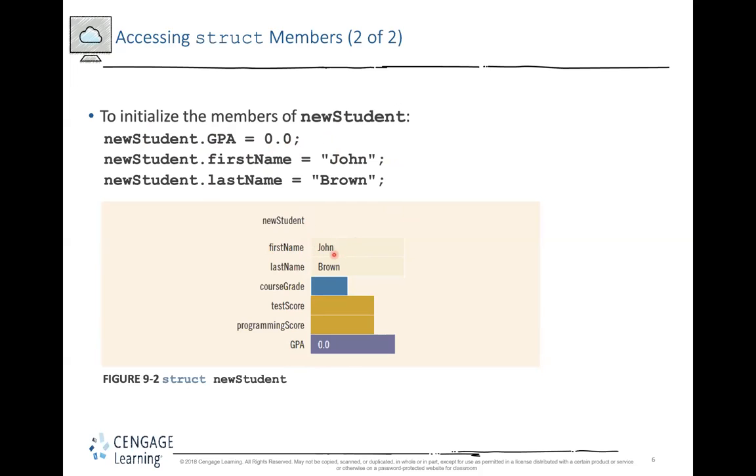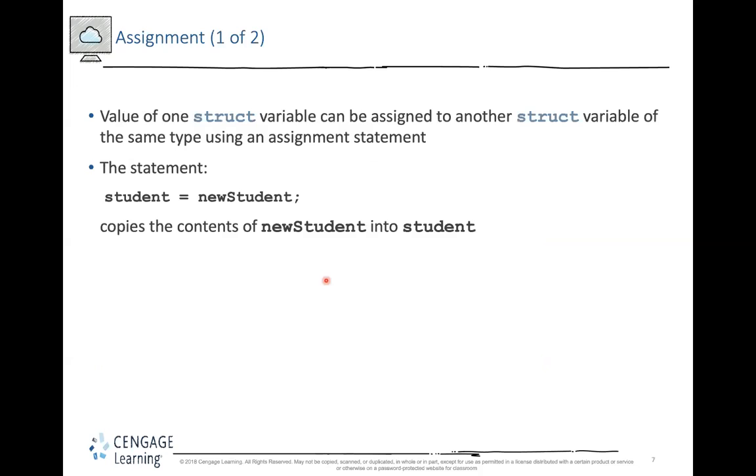In this case, John may be 4 bytes, Brown maybe 5 bytes, and then you have this course grade. So this struct gives you a way to arrange very precisely your memory block, how you want to arrange your data.